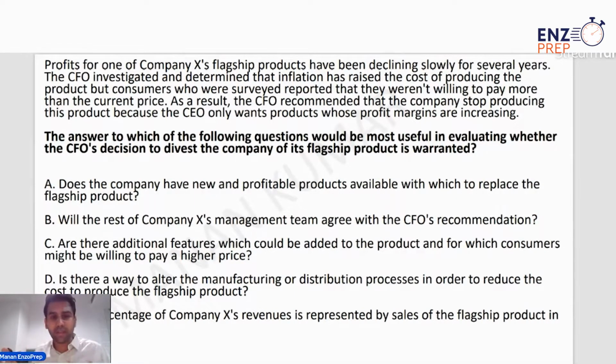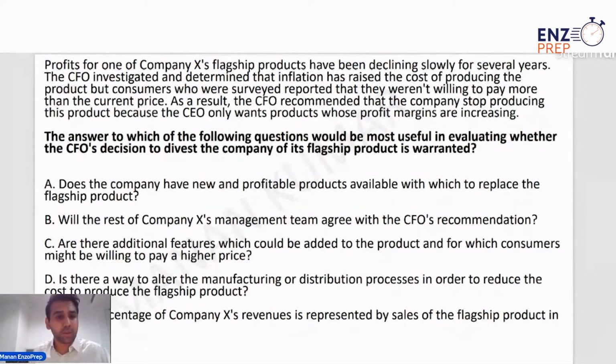Now, once you're clear with that, all you need to do is quickly scan the options and see which are the ones that even relate with the product to begin with. Anything that goes outside the scope of the product, anything that basically concerns the overall company, is beyond the scope of the criteria that we have to use for evaluation.